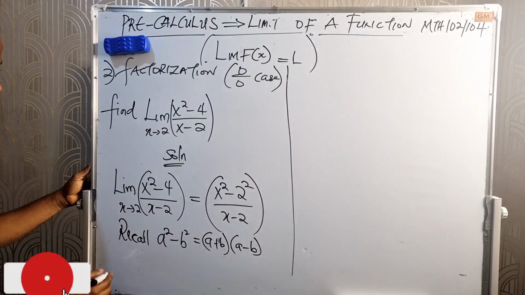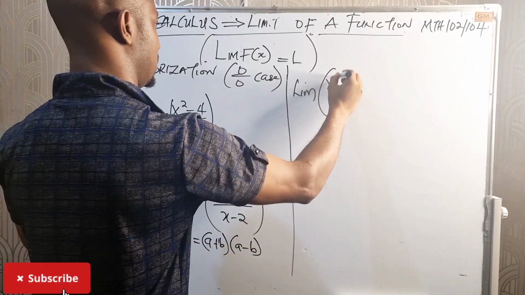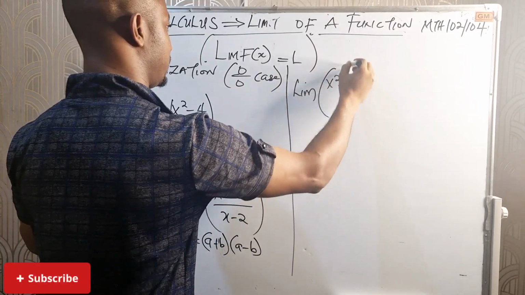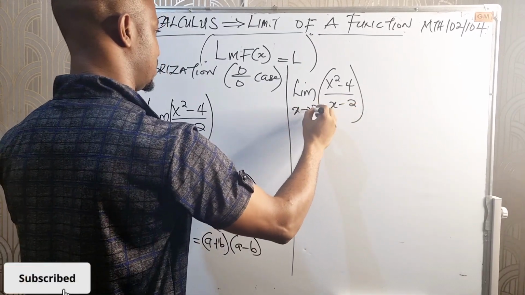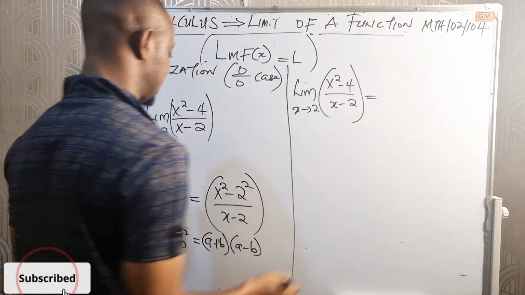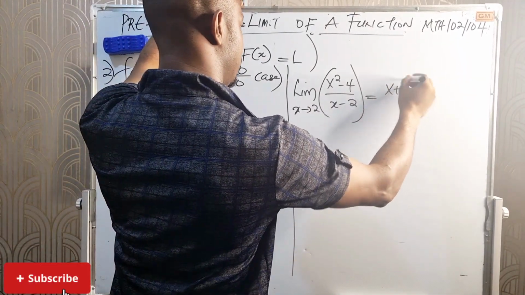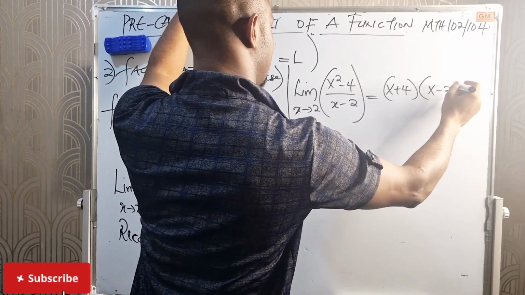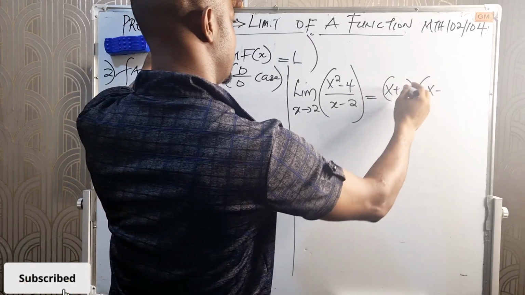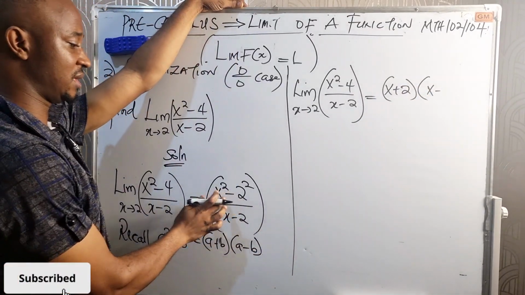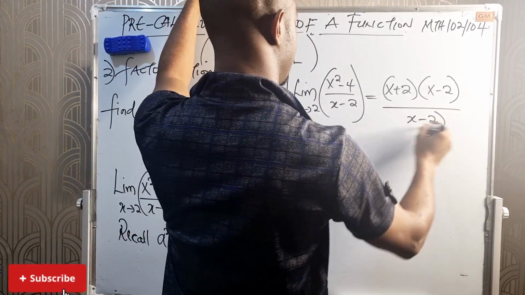So that means my limit of x squared minus 4 divided by x minus 2 as x approaches 2 becomes, let's apply the rule here, x plus 2 and x minus 2 all divided by x minus 2.